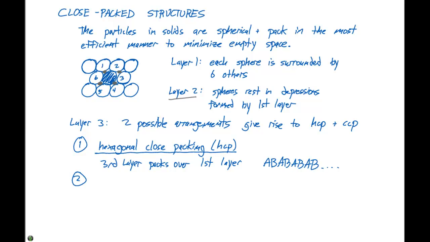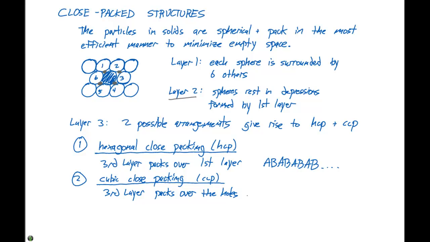The second arrangement is called cubic closed packing, or CCP. And in cubic closed packing, the third layer packs over the holes formed by the first 2 layers.